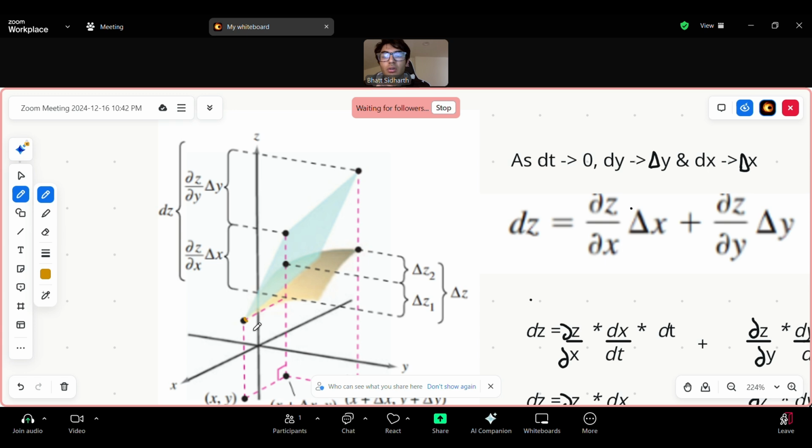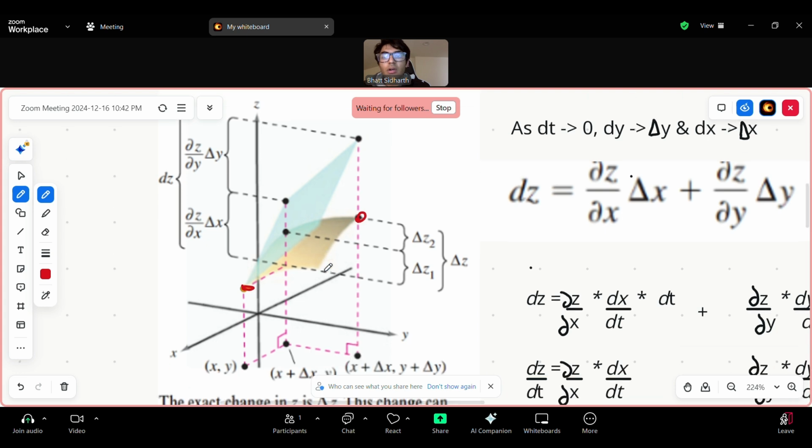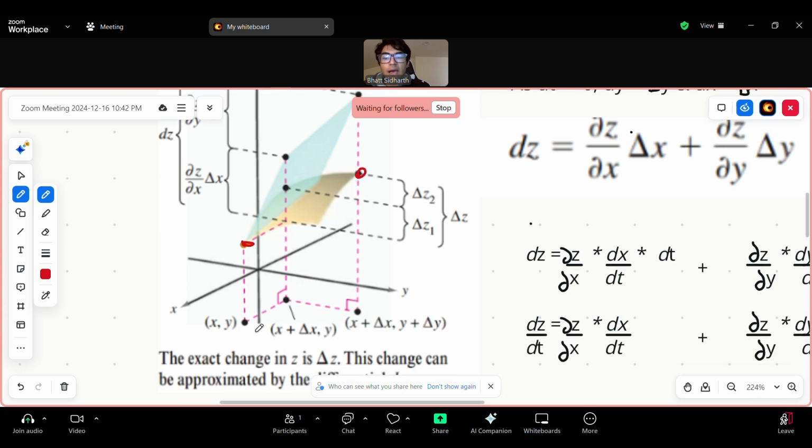So if we know a point over here, and we want to get close to this point over here, we can add a certain delta x to the x coordinate, and a certain delta y over here. And then together, those will get us to x plus delta x and y plus delta y, because we have two variables.